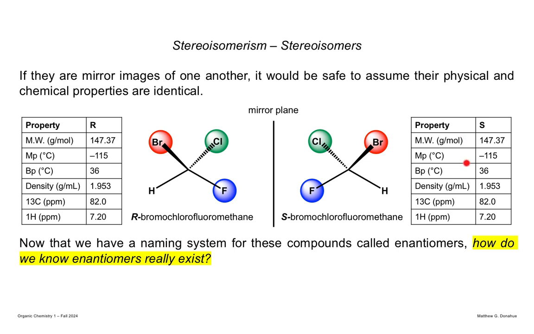The melting point, the boiling point's the same. The density's the same. The C13 shift of each of them is 82. The H shift is 7.2. So even if you had two samples of each pure enantiomer, they're giving you the same data. So how do we know in reality that two of these actually exist?